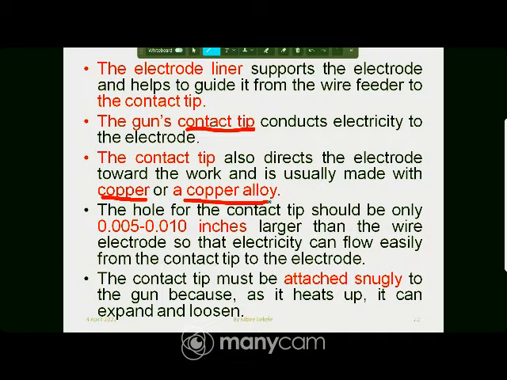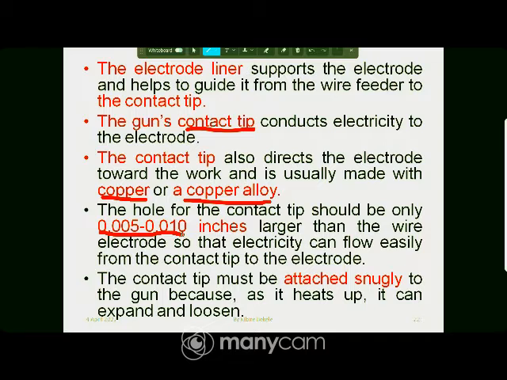Another point is the hole for the contact tip should be only 0.0052 to 0.01 inch larger than the wire electrode, so that electricity can flow easily from the contact tip to the electrode. So this gap allows conductivity, to allow the electric current to jump to the electrode.